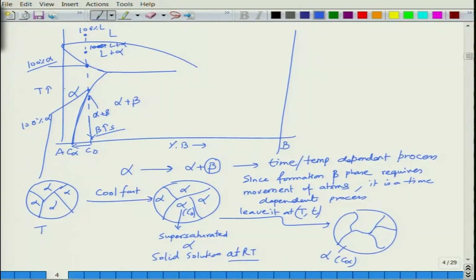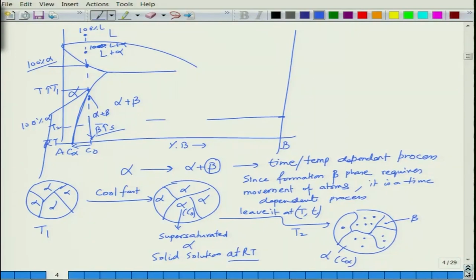This is at temperature T1, and this is, let us say, room temperature. So, you heat it at a temperature T2 which is slightly higher than room temperature. Beta will precipitate through the process of nucleation and growth. Eventually beta will form in alpha matrix, and beta will have a composition corresponding to this end of the phase diagram. So, this is how it will happen.